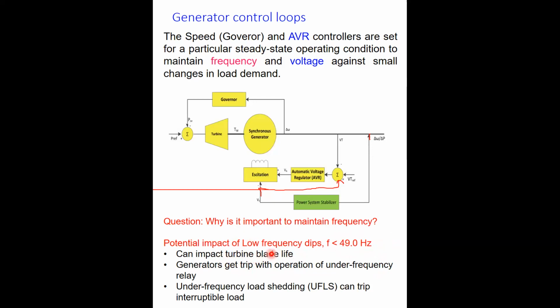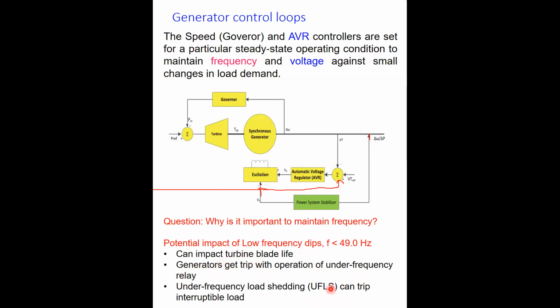In fact, we have the use of an under frequency relay, because we don't want the generator and thus the turbine to operate if your frequency drops beyond the allowable range. So in that case, the under frequency relay may trip the generator.